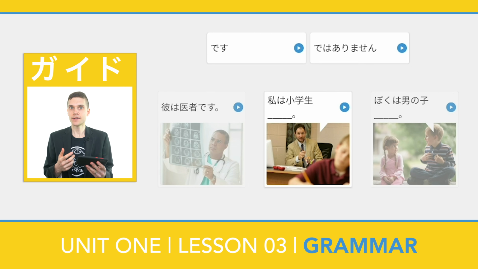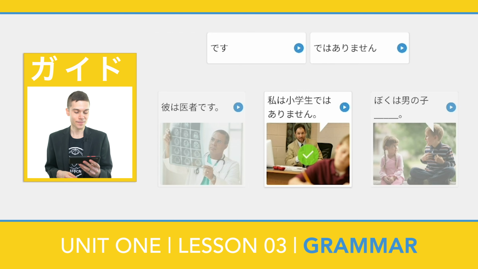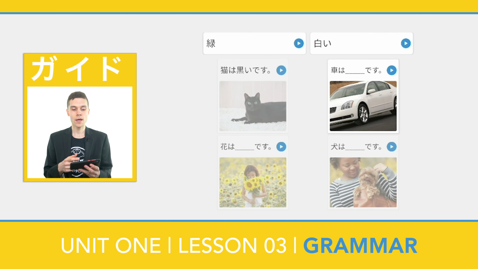So that would be ではありません. Quite a bit longer than desu. And in this example, 車は白いです. Now, 白 is white, but 白いです is the adjective version when you're saying something is white. So keep that in mind. Not all colors do this, but it's pretty easy to pick up the variations once you know what's actually happening here.